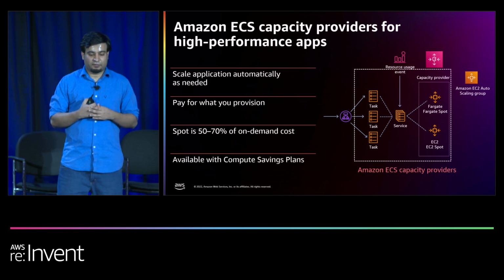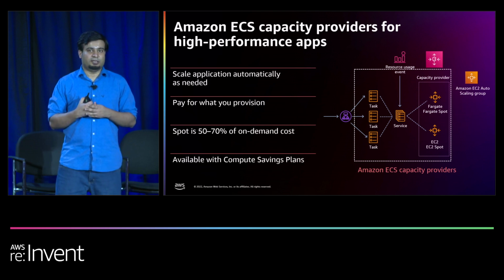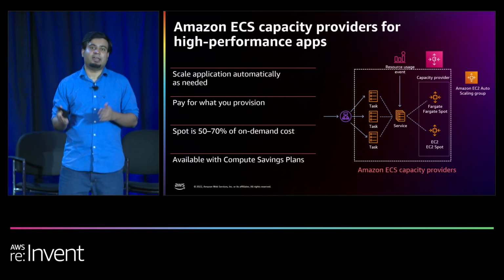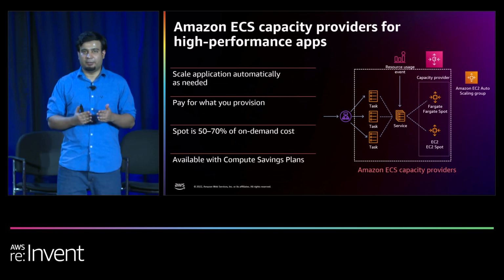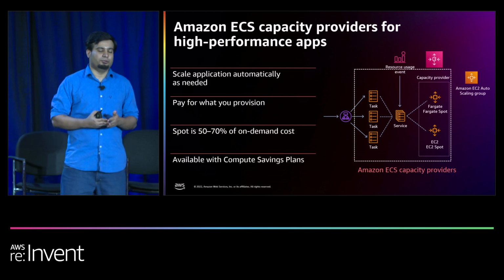This is a space that we are very invested in and excited about. Today, capacity providers provide you cluster auto-scaling features on EC2 where you do not have to perform any of the scaling operations on your own and can, again, focus just on the application constructs, building your container images, and let ECS perform the managed and operational heavy lifting for you on your behalf.